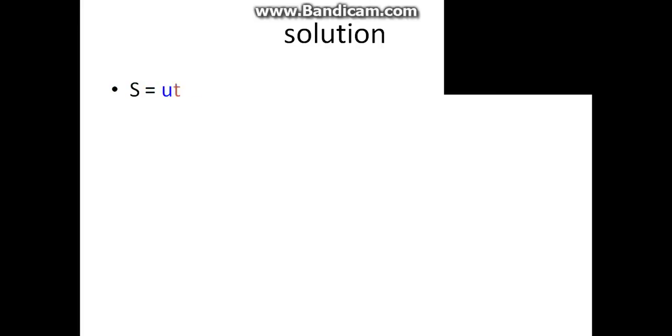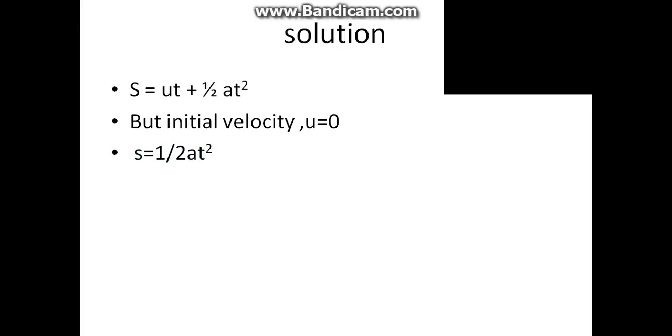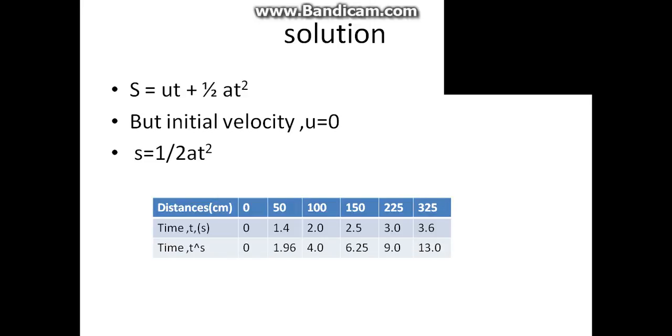Solution. Distance is equal to ut plus half at squared, but initial velocity u is equal to 0. Therefore, distance is equal to half at squared. At distance 0, the time is 0 and the time squared is 0. At distance 50, the time is 1.4 and the time squared is 1.96.